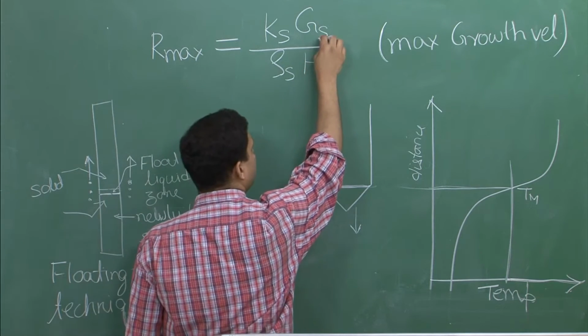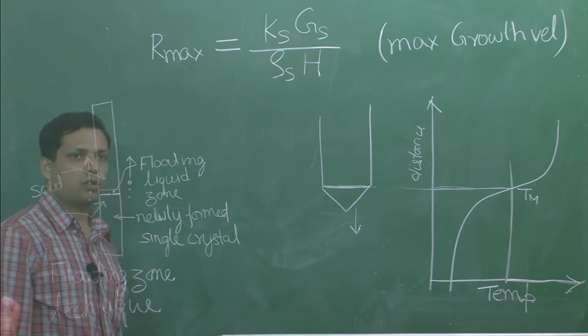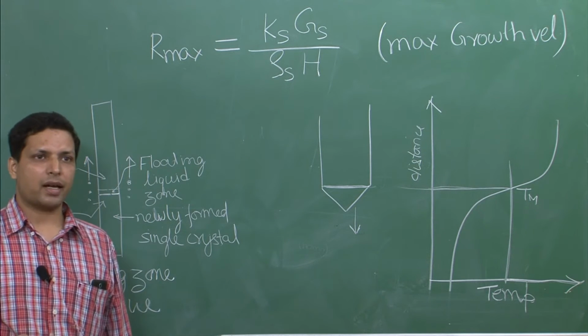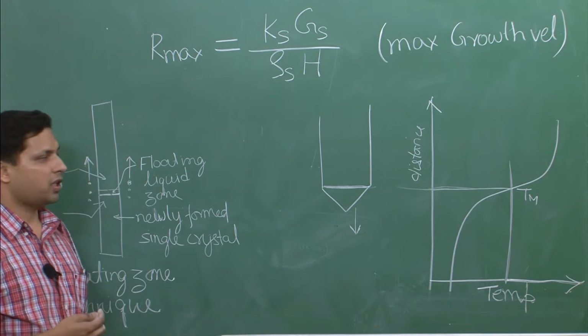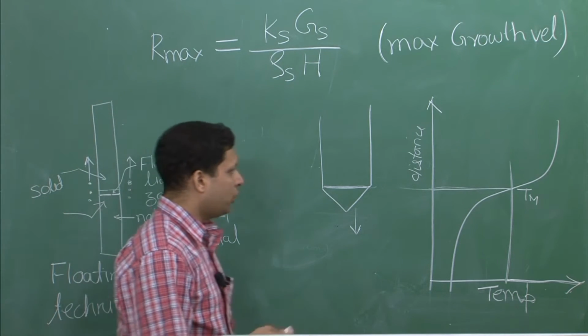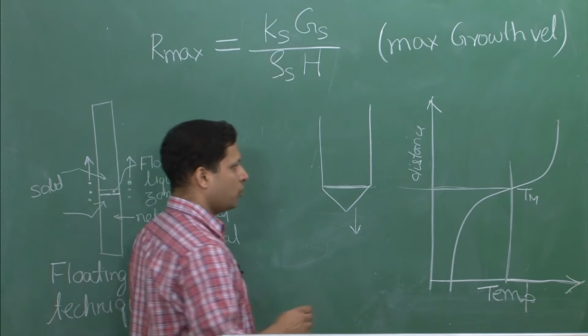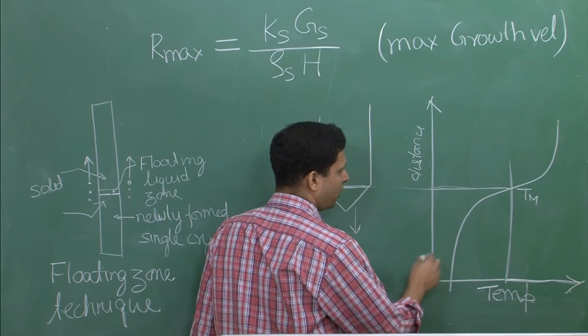The only thing that can be controlled or can be influenced is Gs. So, let us try to find out what are the factors that will affect Gs. Gs again is nothing but the gradient in the solid. Okay, and since we have drawn the diagram over here, let me again just show you what exactly we mean by gradient in solid and liquid.